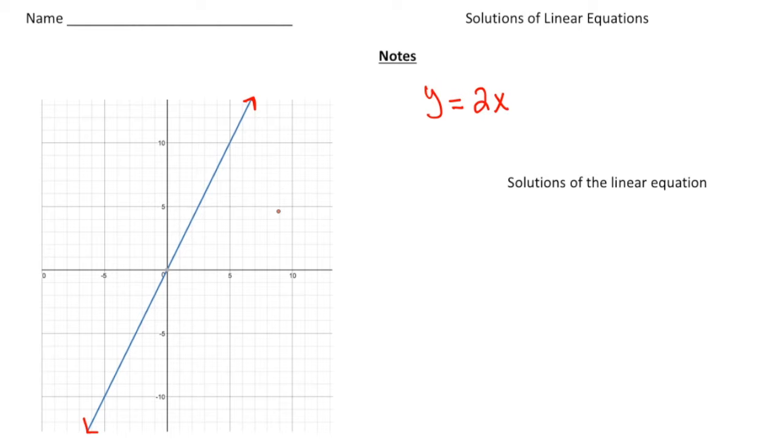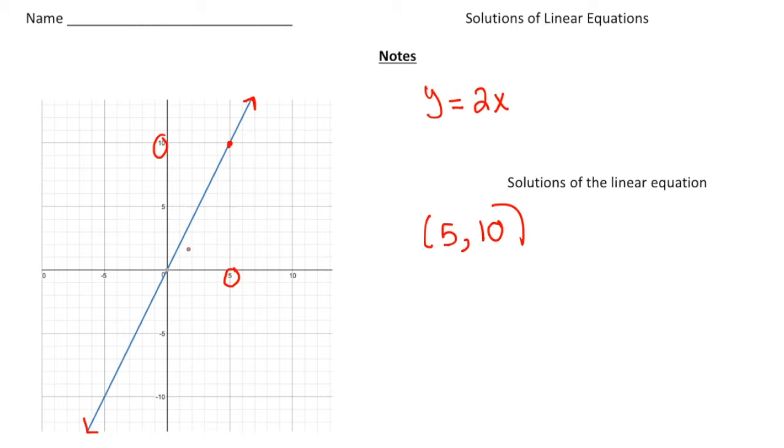So let me show you an example of a solution. Right here we have a point where the x value is 5 and the y value is 10. So one solution is x is 5 and y is 10. Let me find another one.